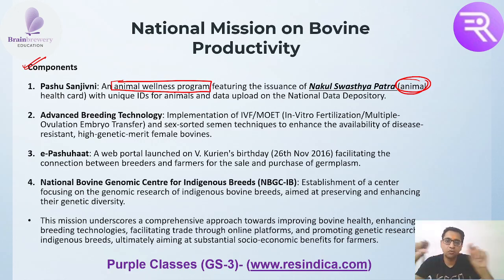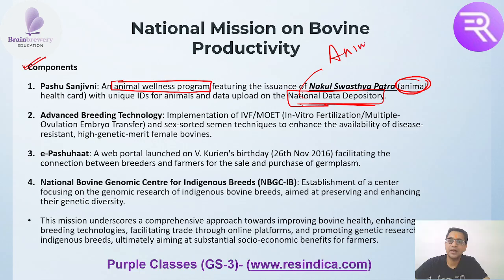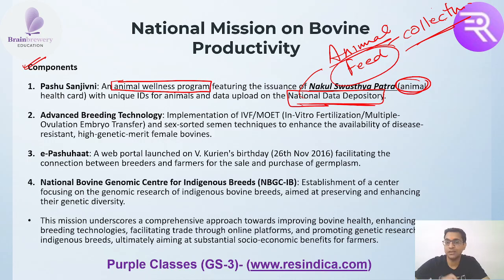Under that, a proper unique ID will be given. This data will be fed onto the national data repository, so that every data regarding the animal is fed on that, so that we can take collective decisions, and we can even project what is coming in the future.